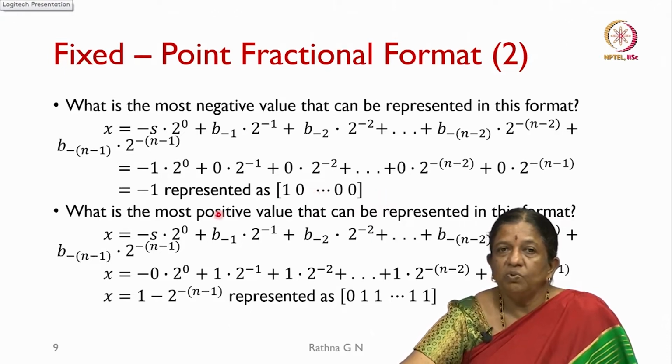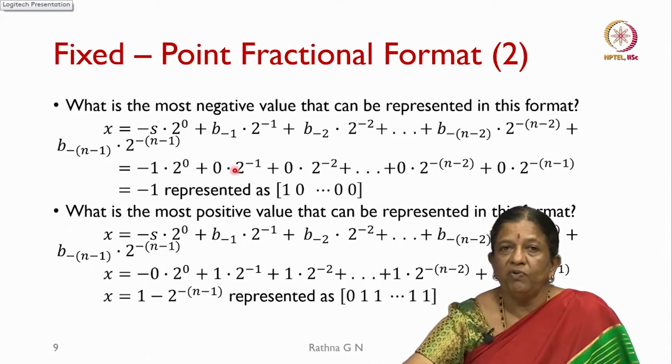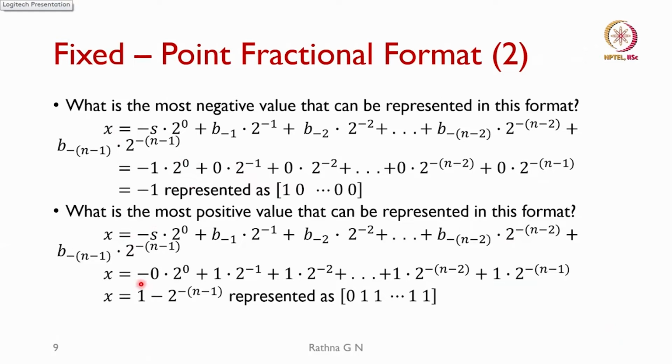And then what is the largest value that can be represented in this format? We have s equal to 0 and the rest of the values are going to be 1. So, it is represented as 1 minus 2 to the power of minus n minus 1.